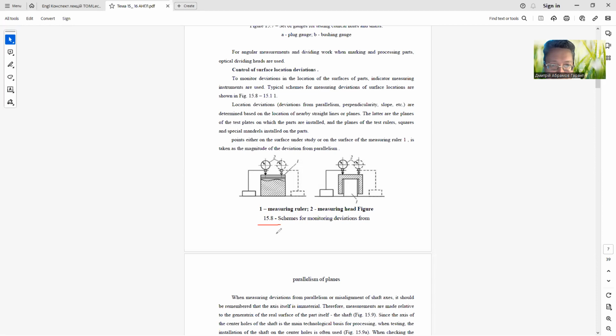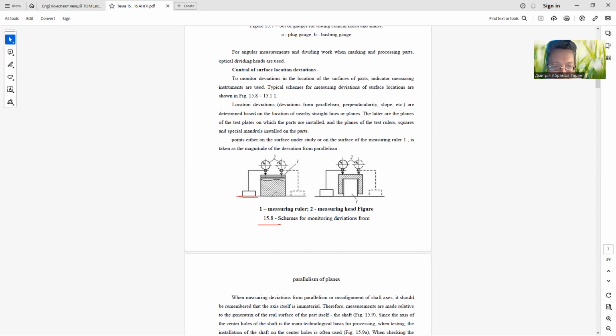Location deviations from parallelism, perpendicularity, slope, etc., are determined based on the location of nearby straight lines of planes. The latter are the planes of the test plates on which the parts are installed, and the planes of the test rulers, squares and special mandrels installed on the parts.